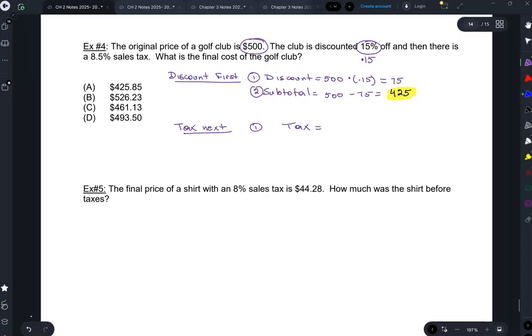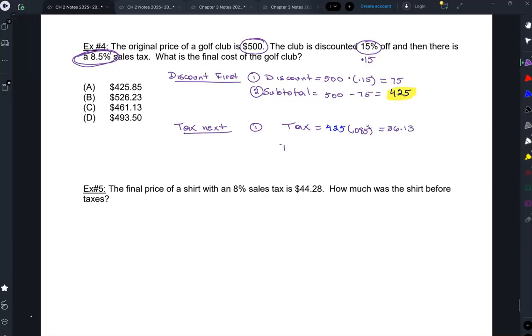So that's what the tax goes on top of. 425 times how much? 0.085. Okay, that goes from here because that's the sales tax. So how much is that going to be? 36.13.